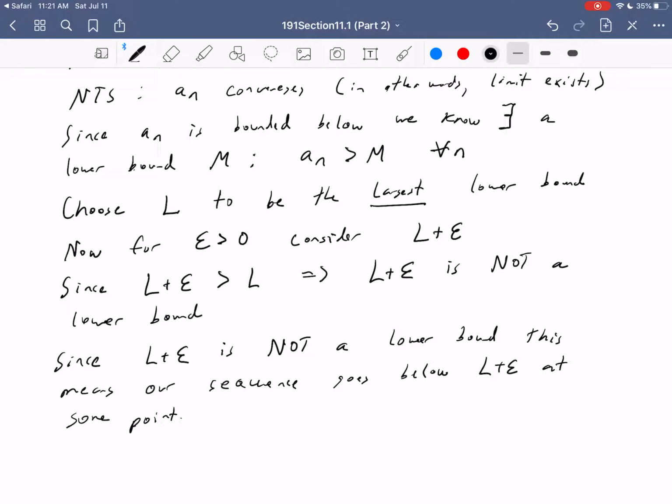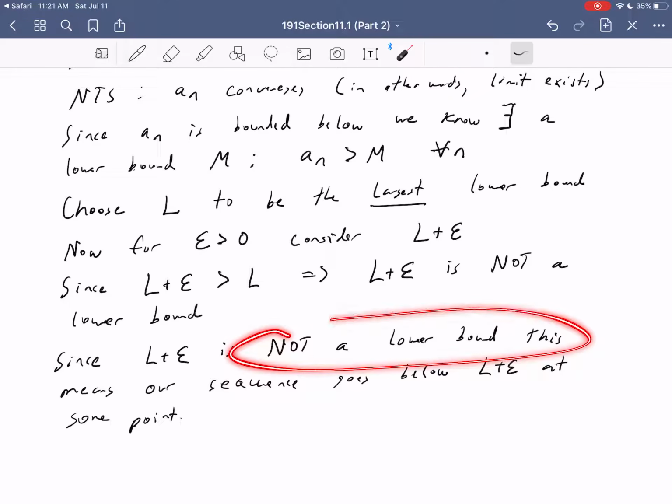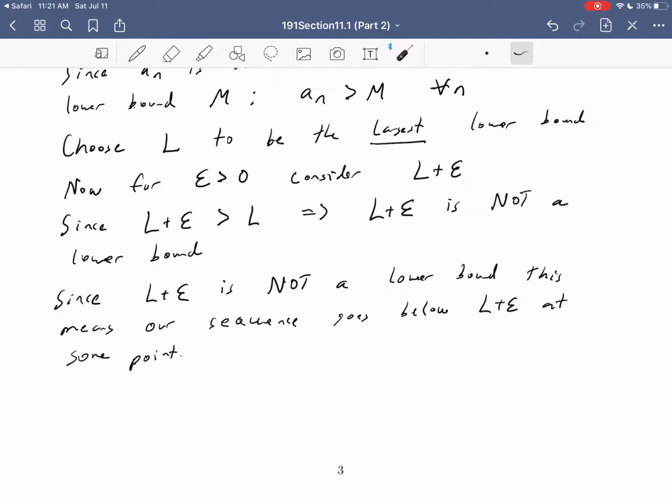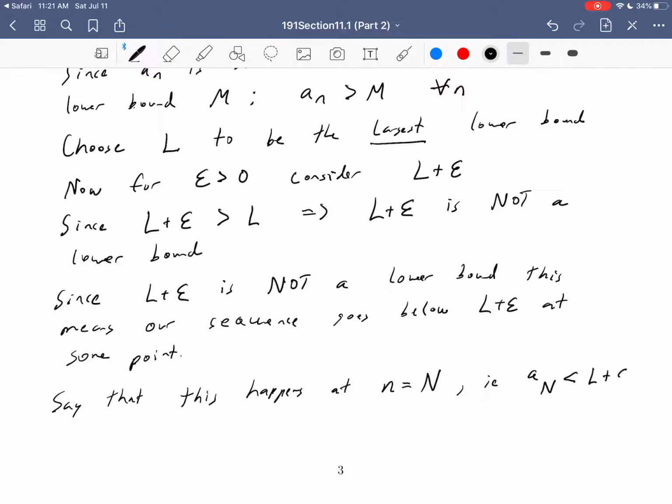If it's not a lower bound, that means our sequence dips below it at some point. Say that this happens at little n equals big N, i.e. a sub big N is less than L plus epsilon.